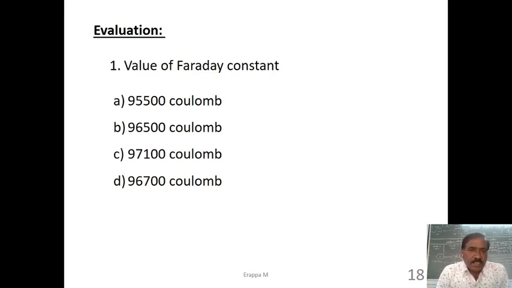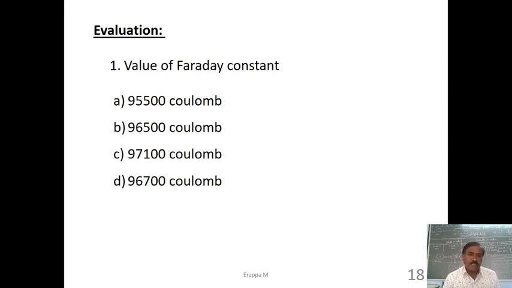The first question is the value of Faraday constant. There are 4 answers given: 95,500 coulombs, 96,500 coulombs, 97,100 coulombs, and 96,700 coulombs. 1 Faraday is equal to 96,500 coulombs.